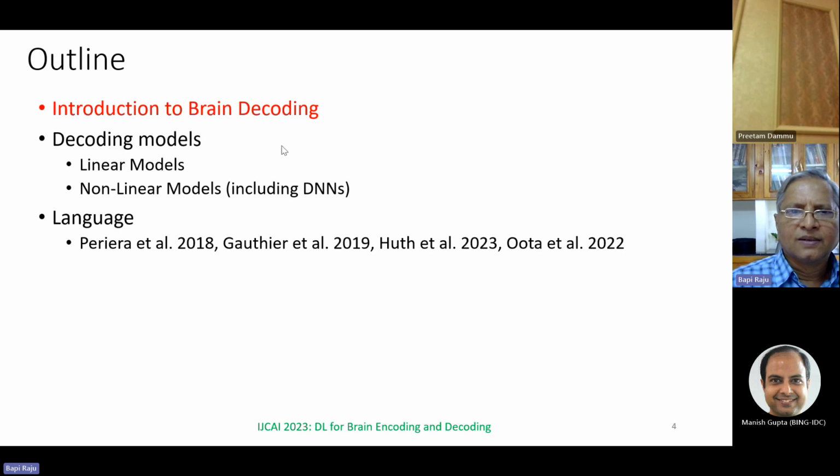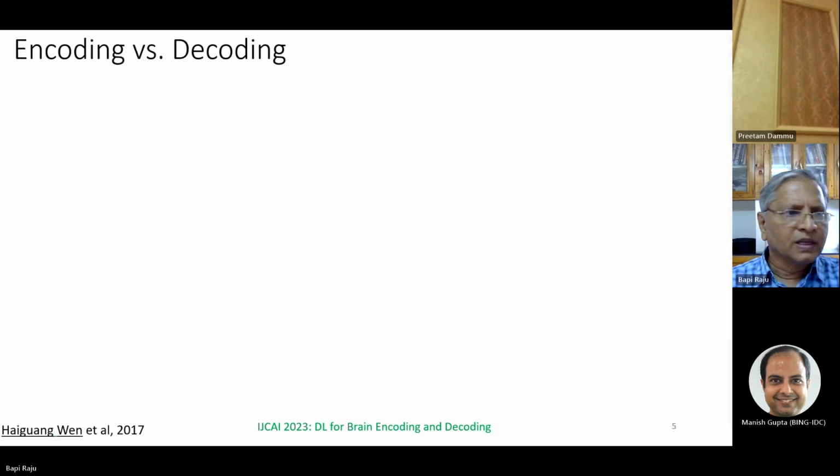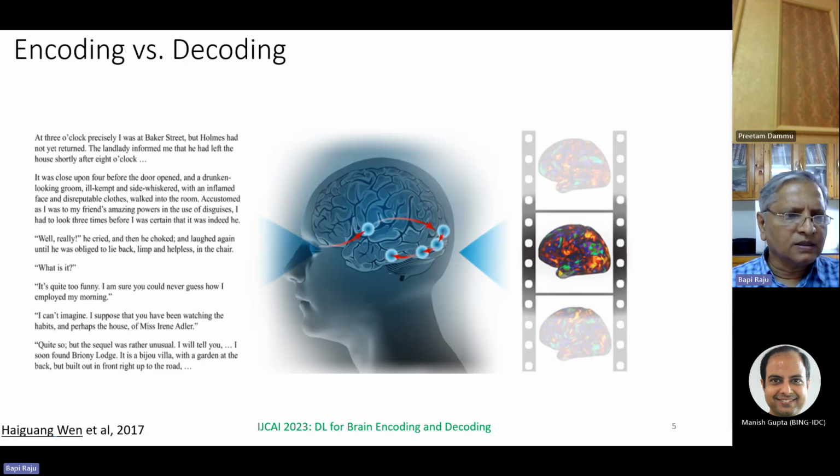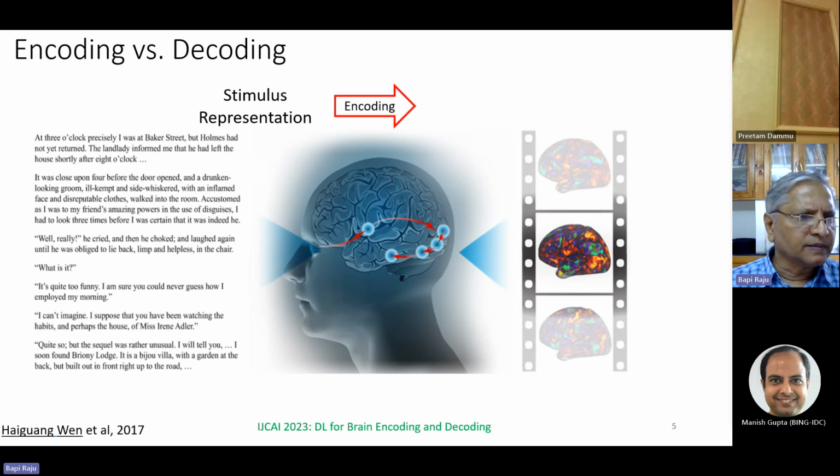So it's a very emerging and happening area within computational neuroscience or applications of AI in cognitive neuroscience. We'll look at a couple of those examples, including our own. As we discussed, encoding takes you from stimulus representation to brain activity.